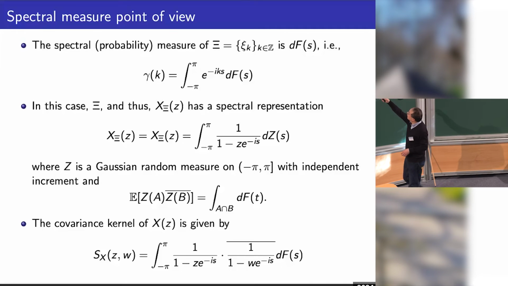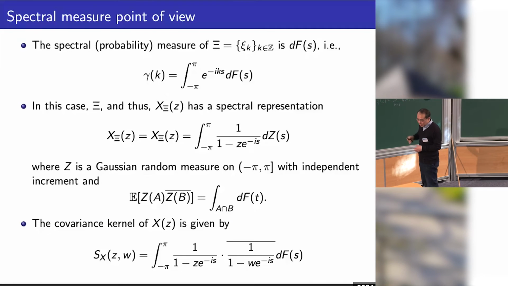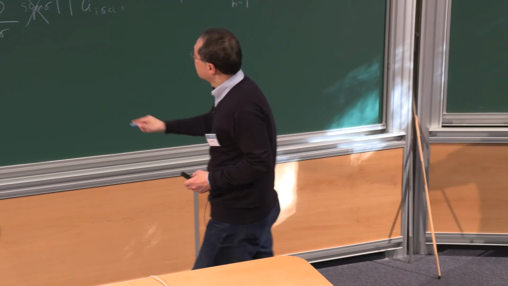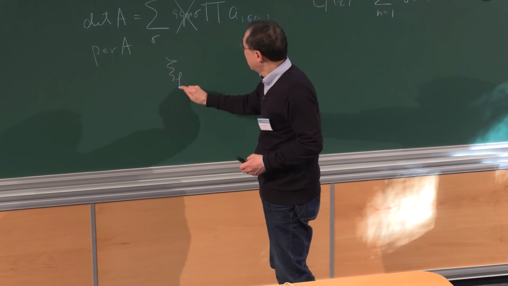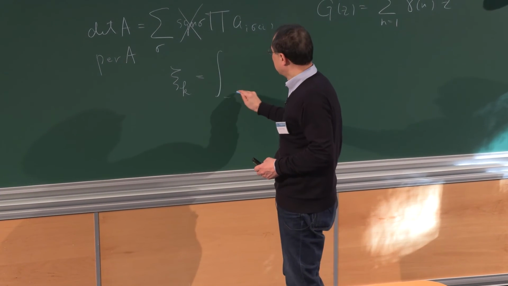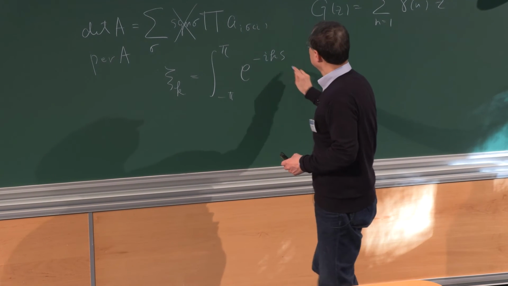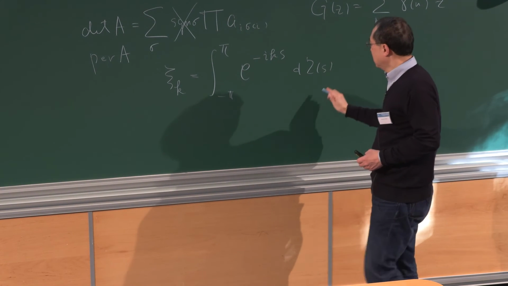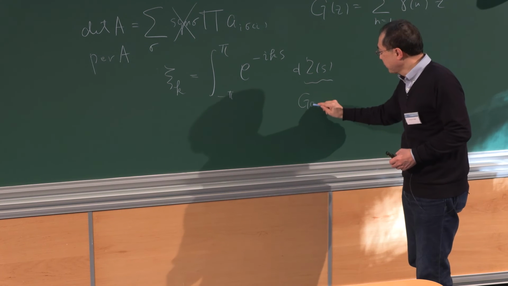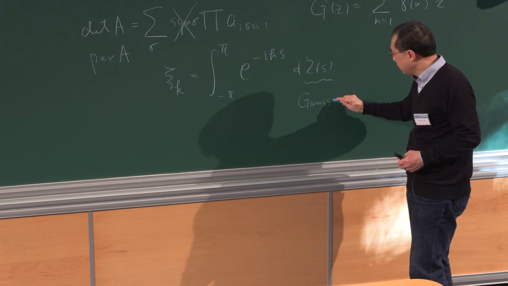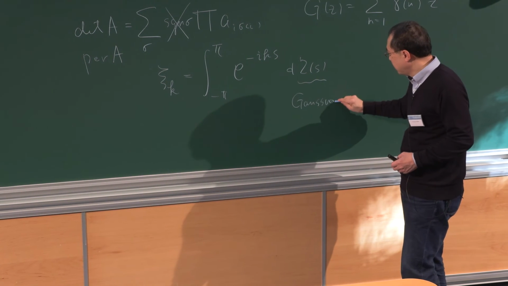If you have a spectral representation like this, then the psi k also has a spectral representation, something like this, with a Gaussian with independent increments.